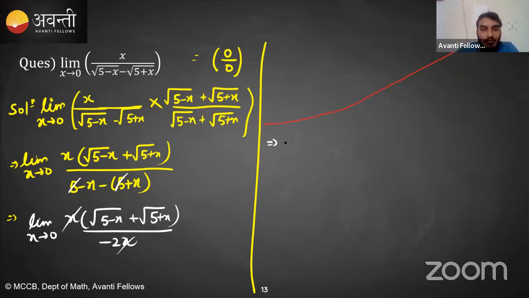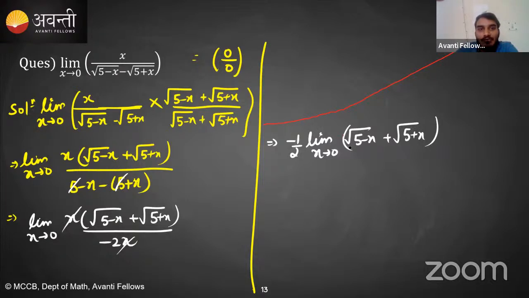Clear? From the fundamental theorem. So this is written as minus half limit x tends to 0, root 5 minus x plus root 5 plus x. Now it is no longer in the indeterminate form. Yes or no?